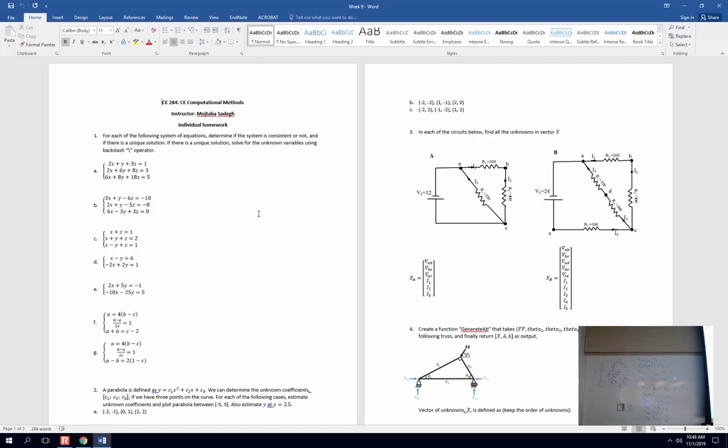Variables. How many variables do I have? How many? We have 10 unknowns. 5 of them are V equal to I. So 5 of them are V, 5 of them are I. So we have 10 unknowns in total.